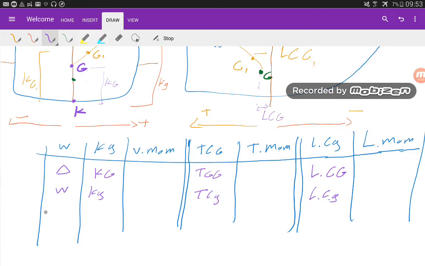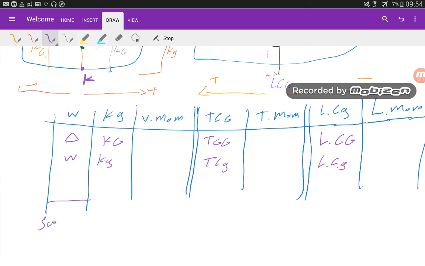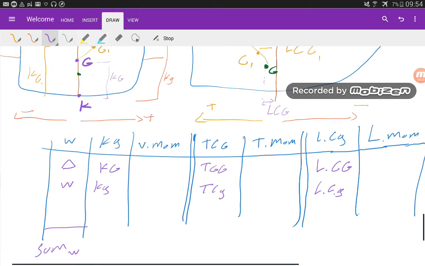The position of the center of gravity is for however many cargoes you have to bring into the table. At the end, you need the sum of weights. Vertical moment is weight times KG. I'm going to highlight this one.